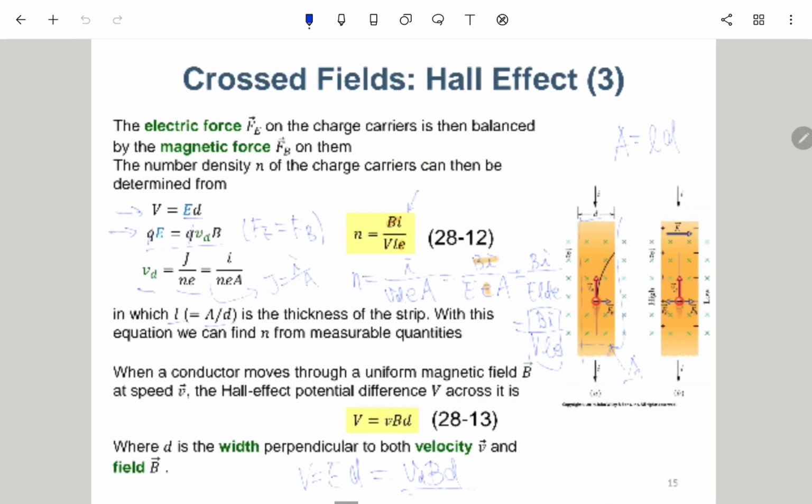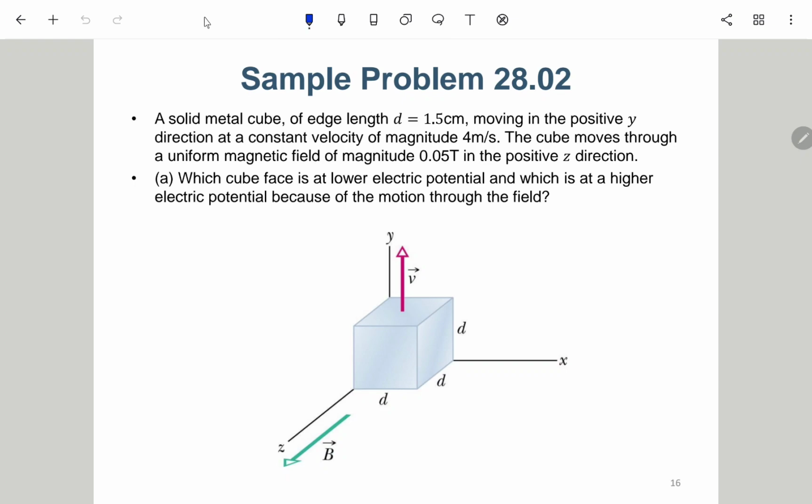Let us finish this sample problem and then we can have a break. It says a solid metal cube, a cube with edge length d equals 1.5 centimeter on each side, moving in the positive y direction at a constant velocity of magnitude 4 meters per second.